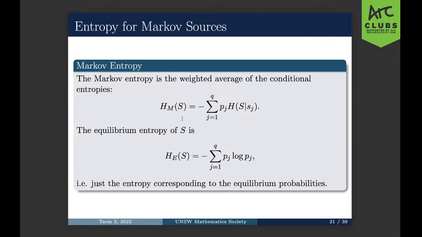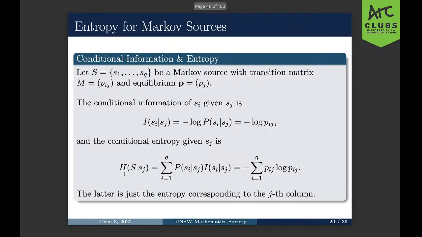And there's more definitions here. The Markov entropy is the weighted average of all the conditional entropies. For each column here, there's the entropy of that one column. You can think of it as the average information you get given that Sj was the last symbol you saw.